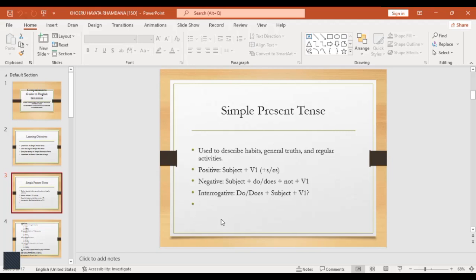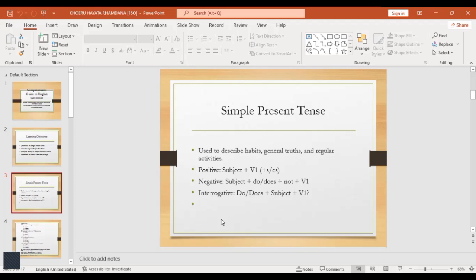However, for negative sentences, we use do not or does not before the verb in its base form. For example, they do not like fish. For he, she, or it, we use does not. For example, he does not speak Spanish.